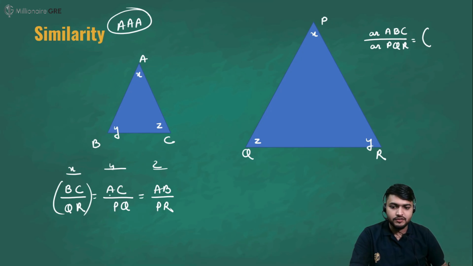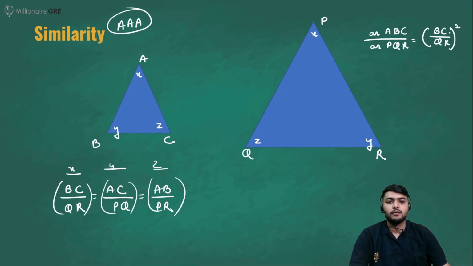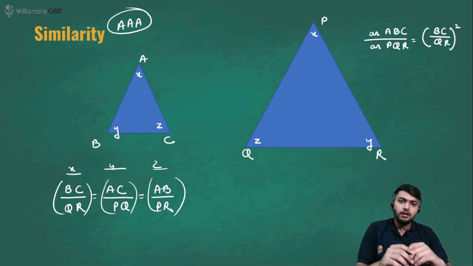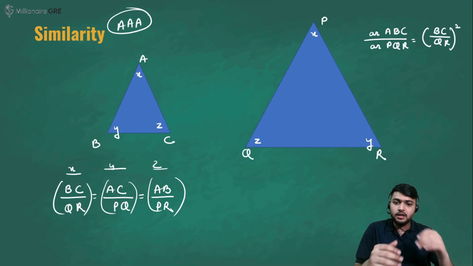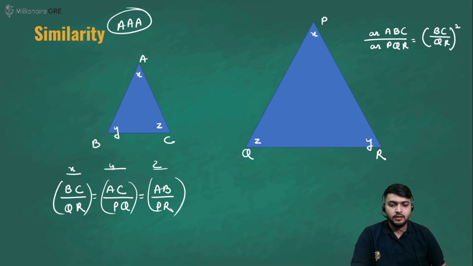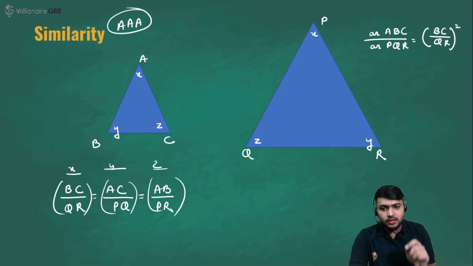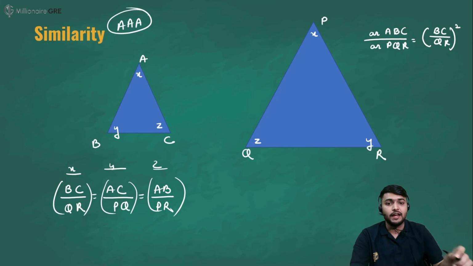This is the ratio of sides, or this is the ratio of sides, or this is the ratio of sides. So this is equal to BC upon QR whole square. If triangles are similar, then the ratio of areas is the square of the ratio of sides. There's one more thing. If triangles are similar, heights are also in the same ratio as the sides.